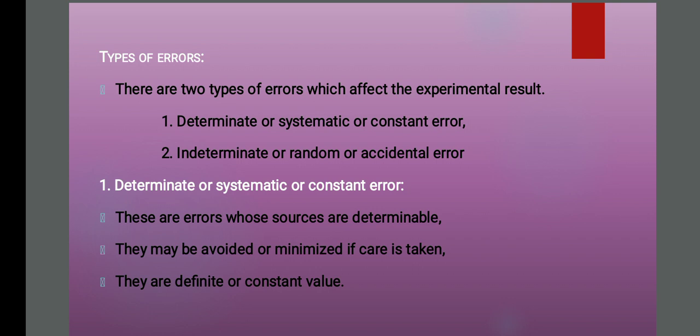These errors are said to be definite, or to have a constant value. So I'll repeat what determinate error is. First, it is an error whose source can be identified. Second, it can be minimized if care is taken. Third, it has a constant value. So these are determinate errors.